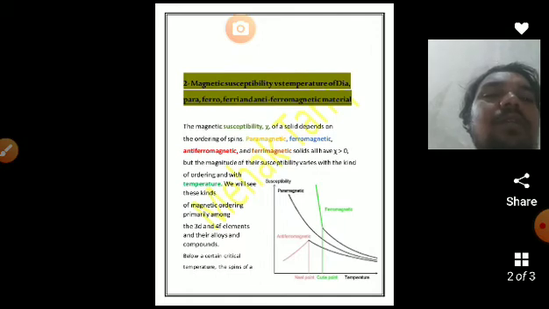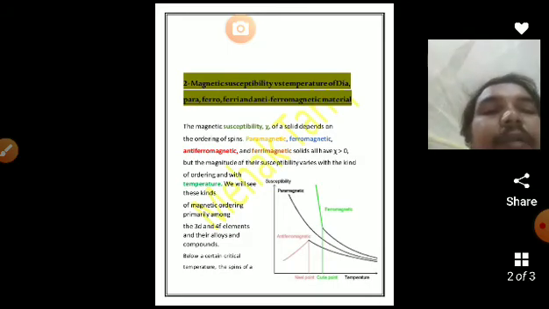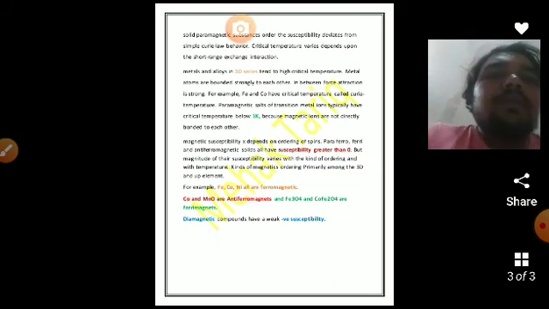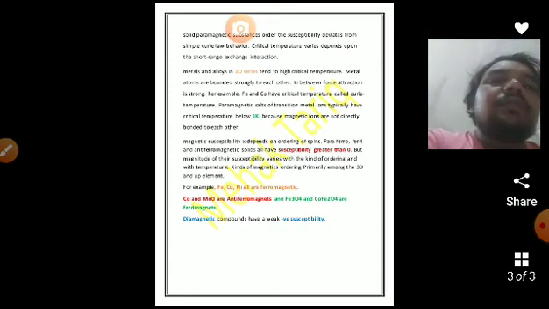Primarily among the 3d and 4f elements and their compounds, below a critical temperature the spins order. Above it, the solid is paramagnetic, and the susceptibility follows the simple Curie law behavior. The critical temperature depends upon the short-range exchange interaction. Three-dimensional ordering tends to have a higher critical temperature when atoms are bonded strongly to each other and the force of attraction between them is strong.